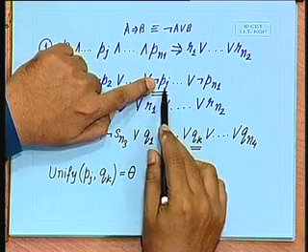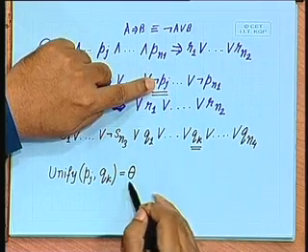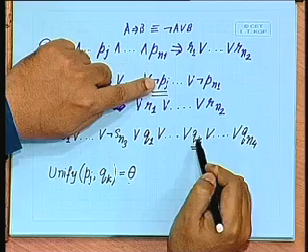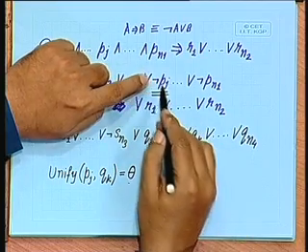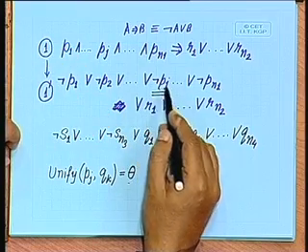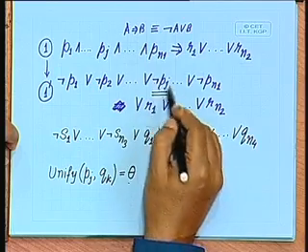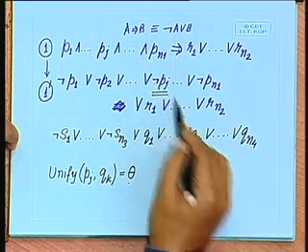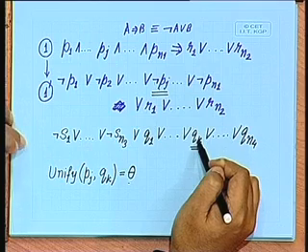Then under the substitution theta, these two will become the same. If they become the same, then either this is true or this is true, because we have not here. So, if we call this say j, then either j is true or not j is true. So, it is either of these two which is true, right.